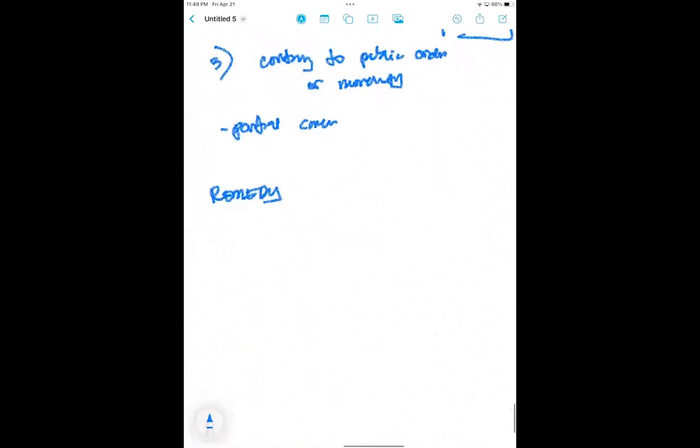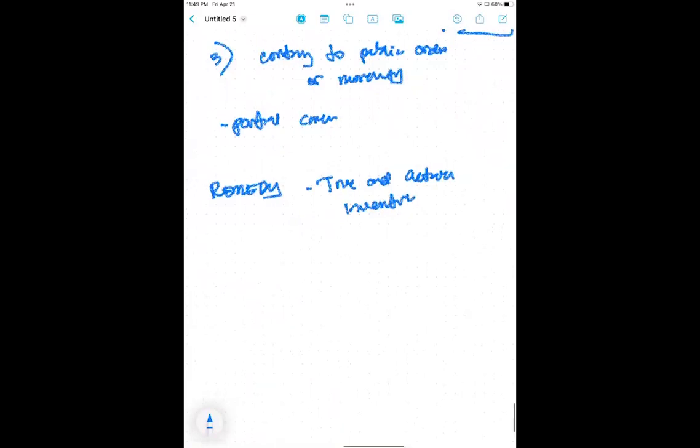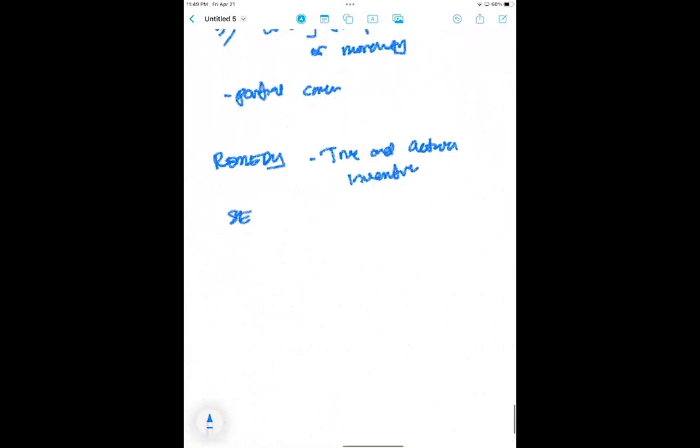Remedy of the true and actual inventor. Okay, this is section 67 and section 68.